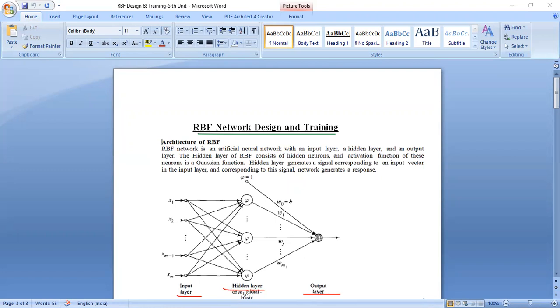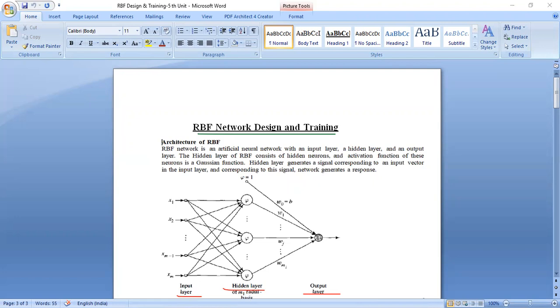Only the hidden layer and output layer are taken into consideration, because at these two layers only we are going to perform any kind of computations. At the input layer we didn't perform any computations; it is just used to supply the input to the hidden layer. That's why it is a two-layer network.